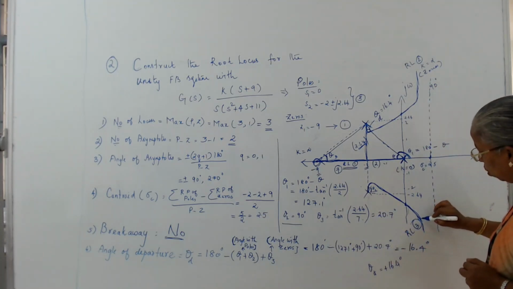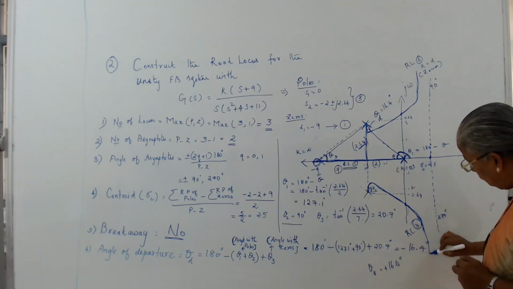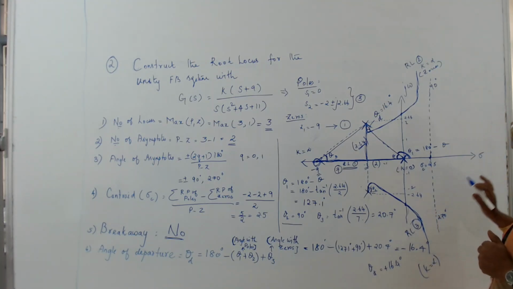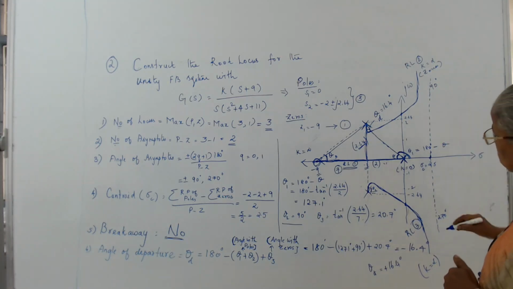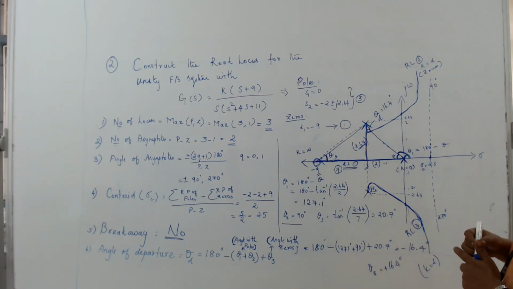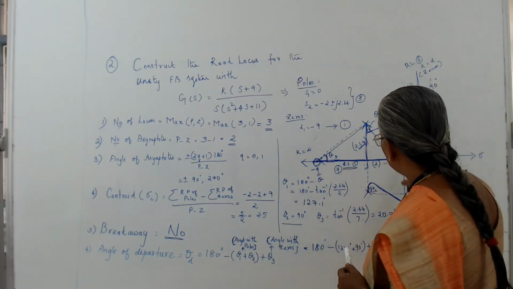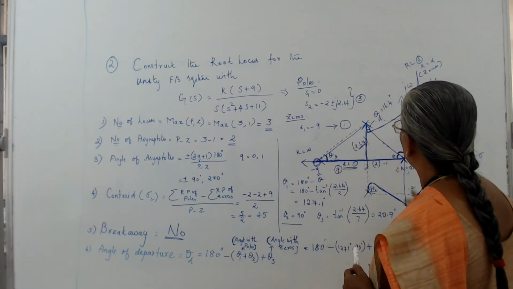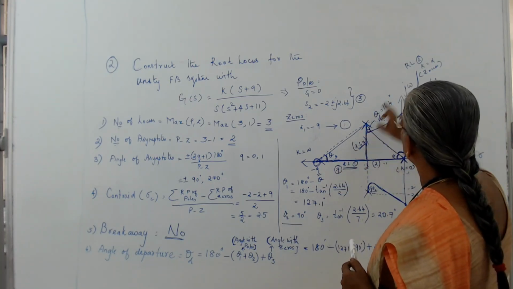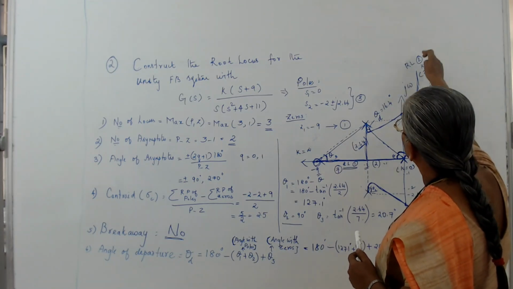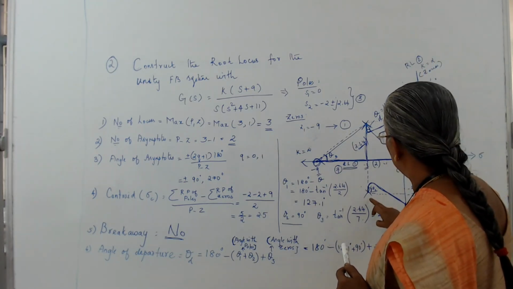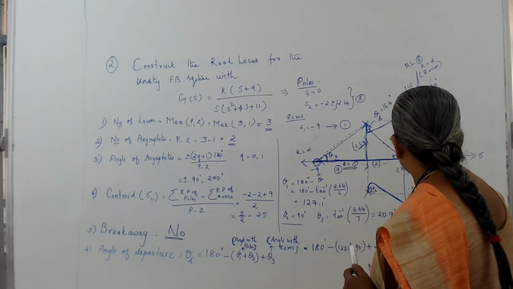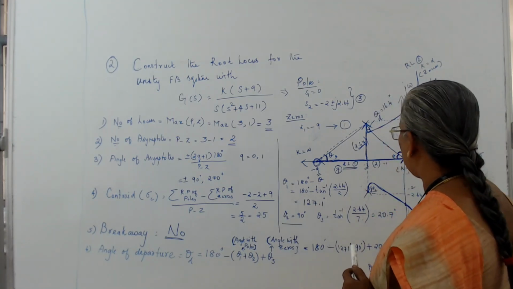Similarly, these two root loci will end at infinity. Only one root locus will start at this pole and end at a zero, but the remaining two root loci will start at these poles and end at k equal to infinity, where the zeros are present.